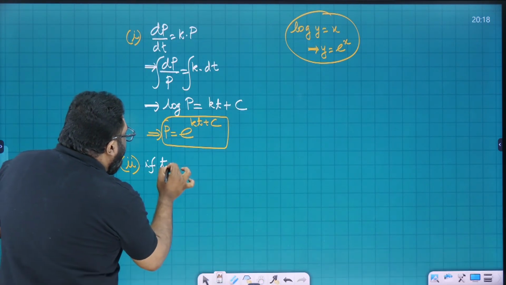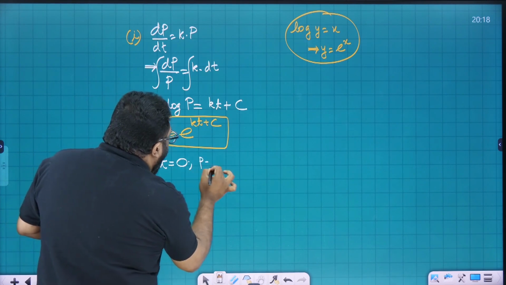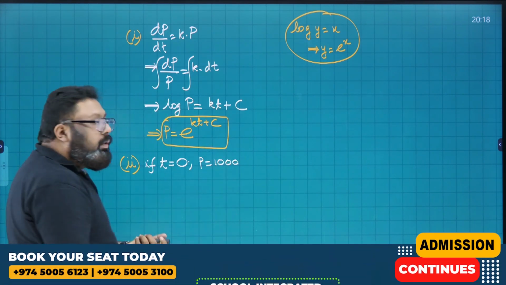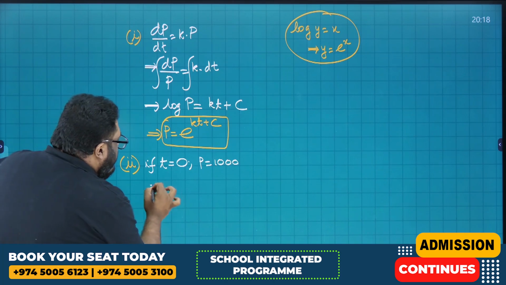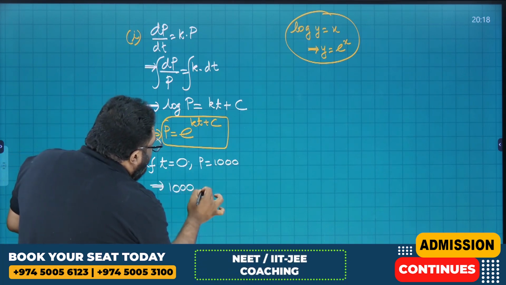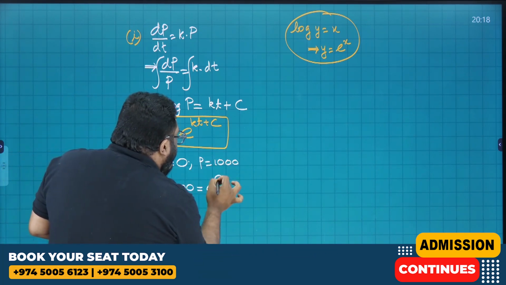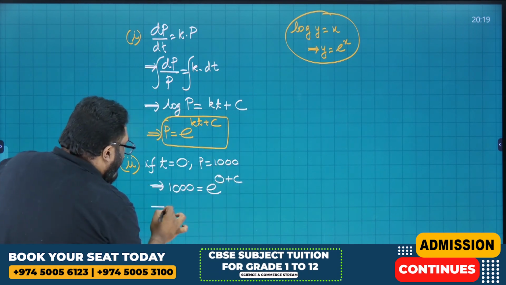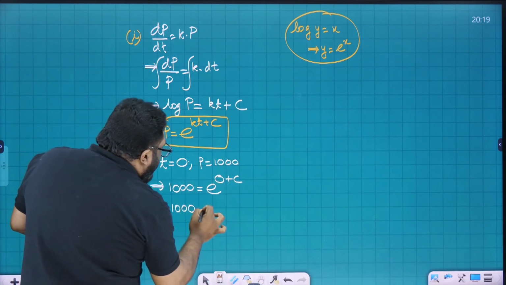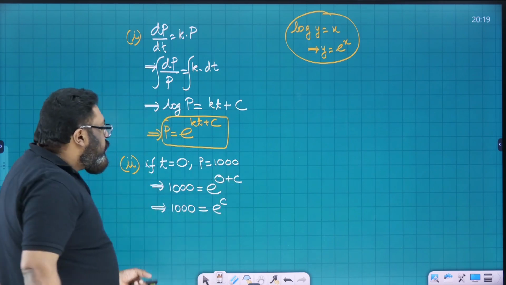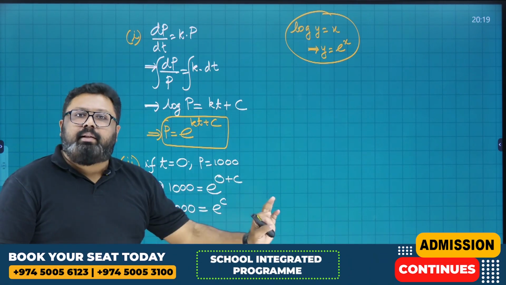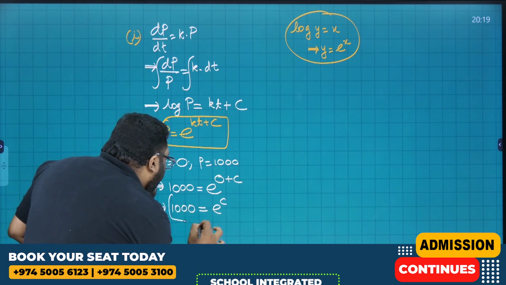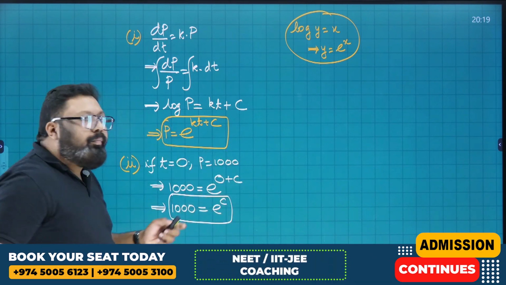If t equals 0, p is equal to 1000. Put that over there. That implies 1000 is equal to e raised to 0 plus c. 1000 is equal to e raised to c. So e raised to c is 1000. That's it. Don't try to do too much.